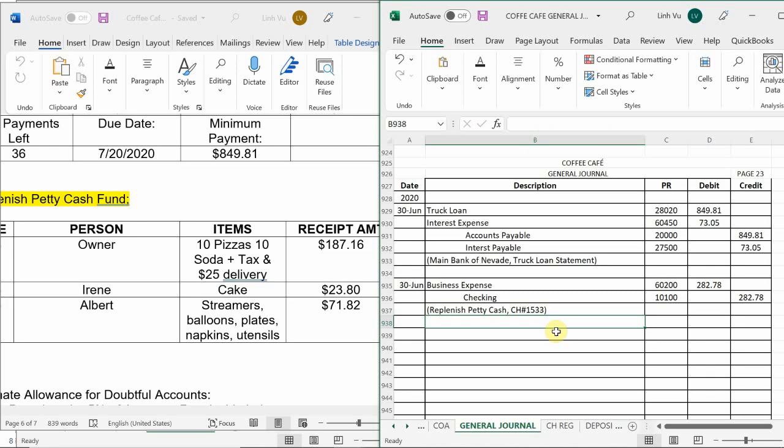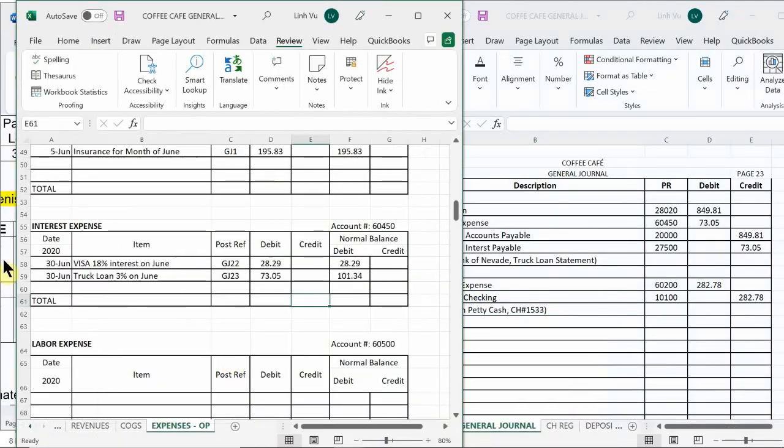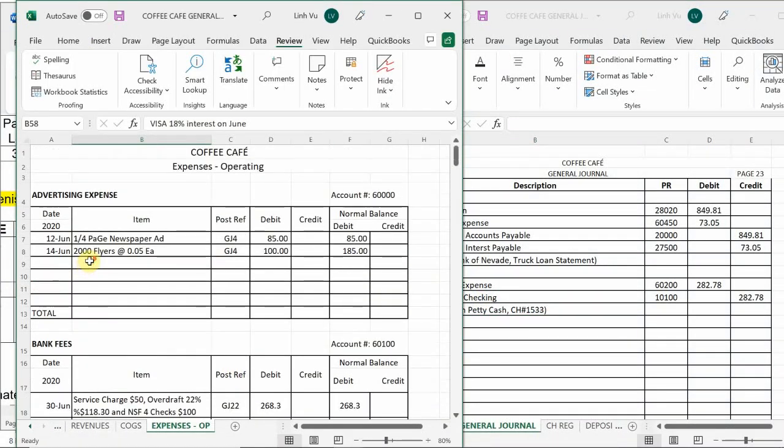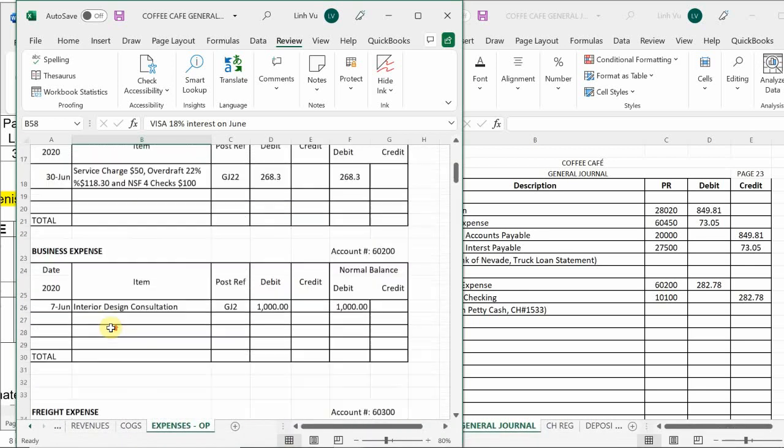Okay. So now we got to go to our ledger. We just incurred some business expenses.